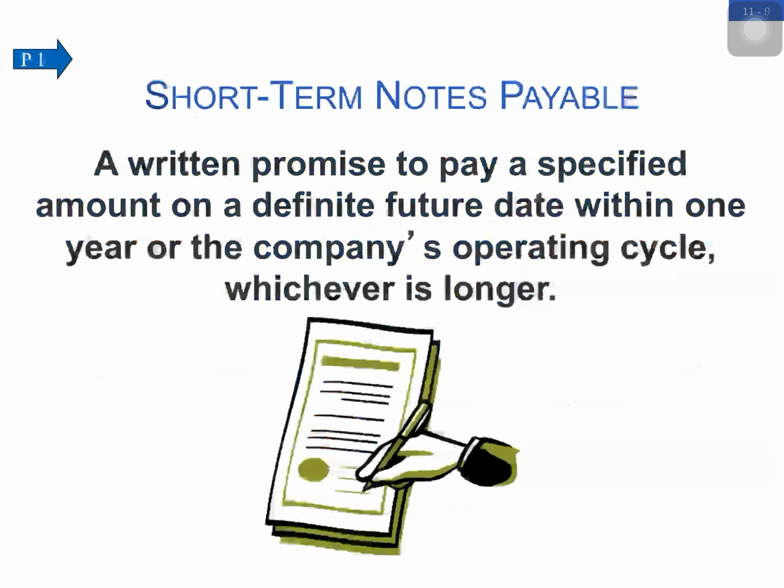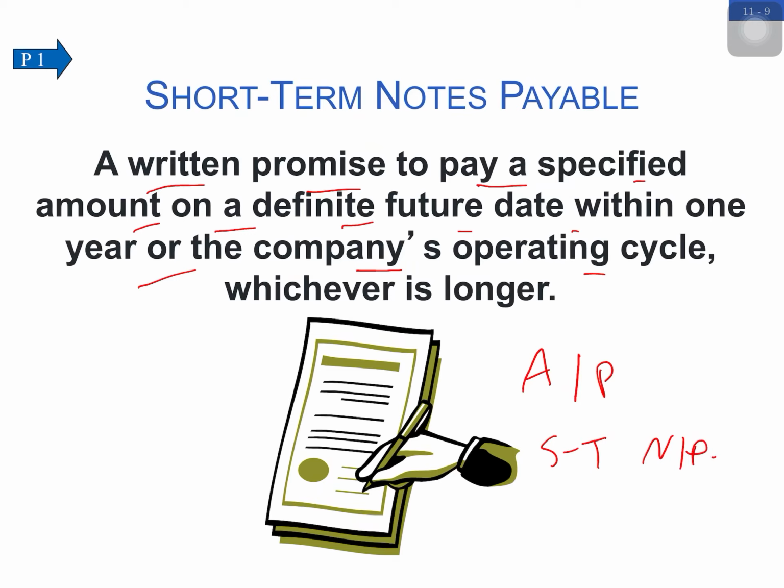Short-term notes payable is a written promise to pay a specified amount on a definite future date within 1 year or the company's operating cycle. So we have accounts payable, and then short-term notes payable. In accounts payable, there is no paper, there is no definite deadline.